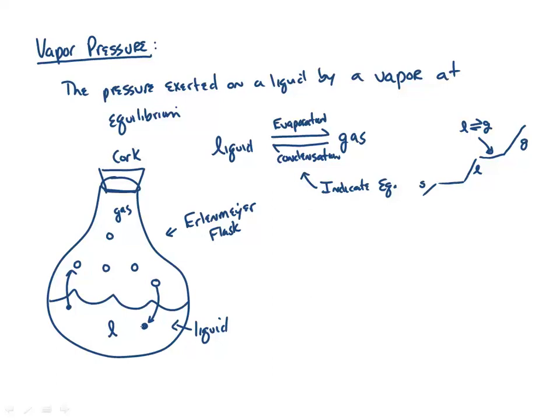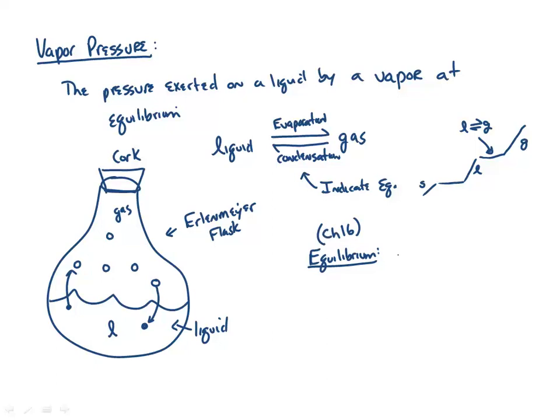So equilibrium means that the rate at which the liquid is evaporating is the same as the rate at which the gas is being condensed back into the liquid. So our definition of equilibrium, and we should point out that we're going to have an entire chapter on equilibrium. That's chapter 16. We probably won't cover all of chapter 16, but we'll at least get there.